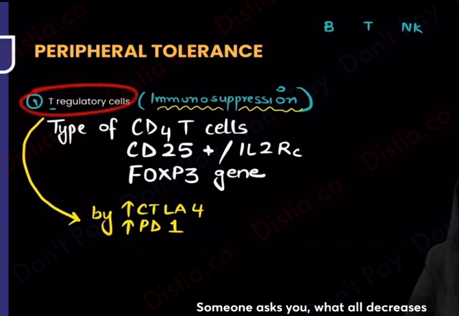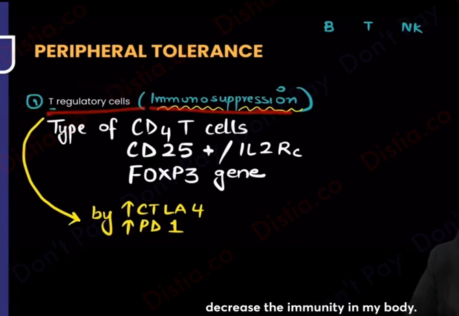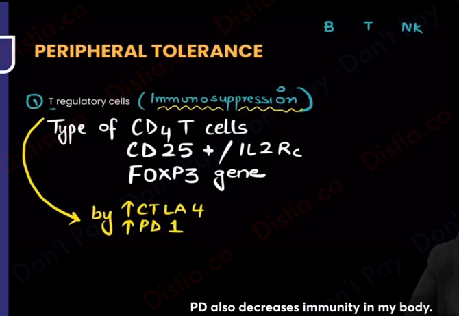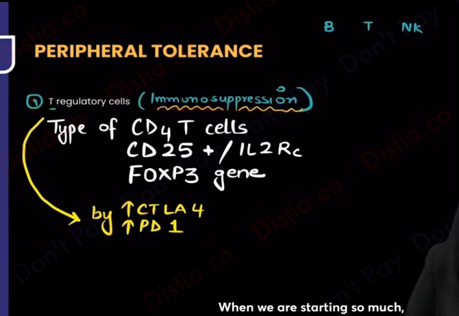Someone asks you what all decreases the immunity in your body. So you will say the T regulatory cells decrease the immunity in my body. CTLA4 decreases immunity in my body. PD, programmed death, PD also decreases immunity in my body. So whenever I will increase T regulatory, CTLA4, PD1, all of these will cause immunosuppression.